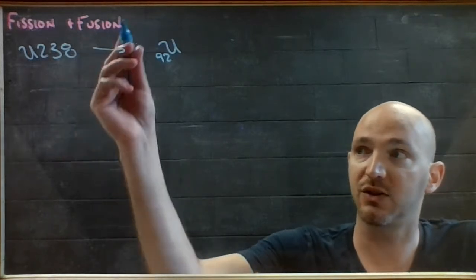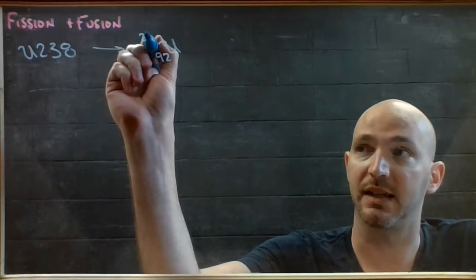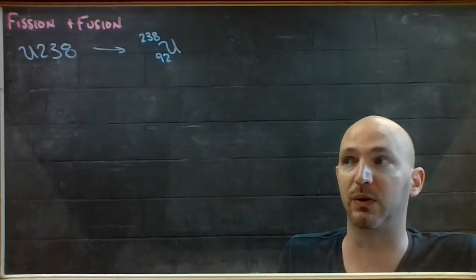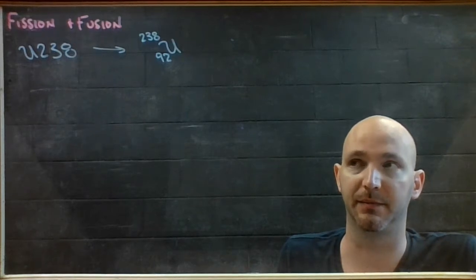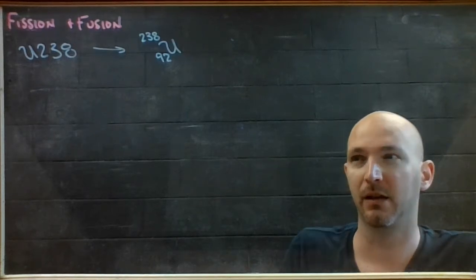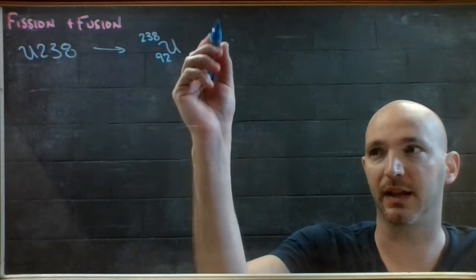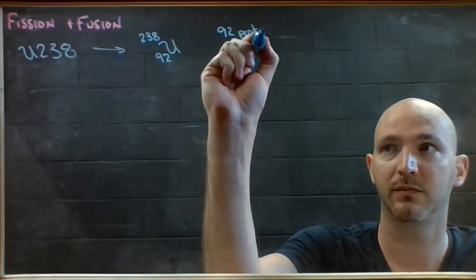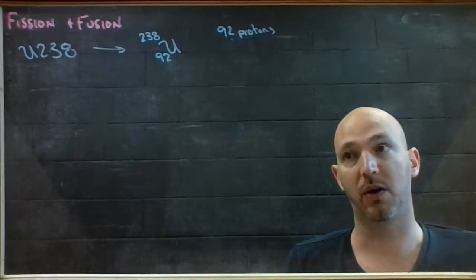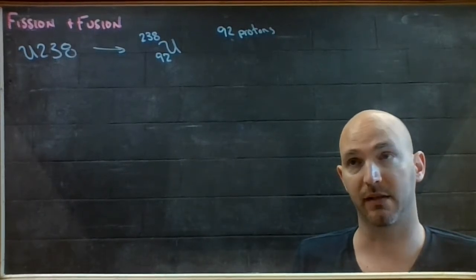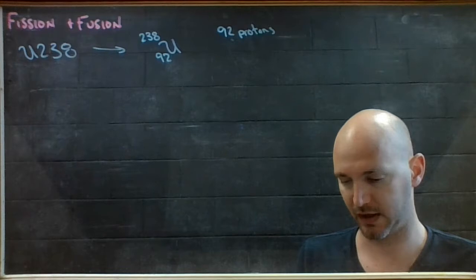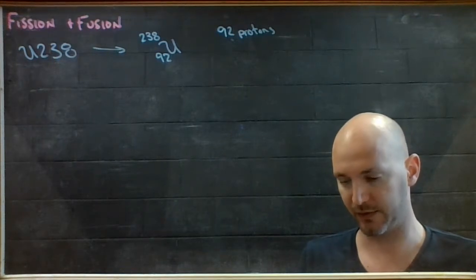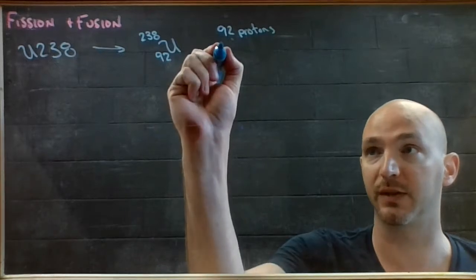And because it's U-238, that means it is a 238 particle nucleus. So that thing then has 92 protons, and the balance are all neutrons. So let's see, 238, take out 92, gives me 146 neutrons.